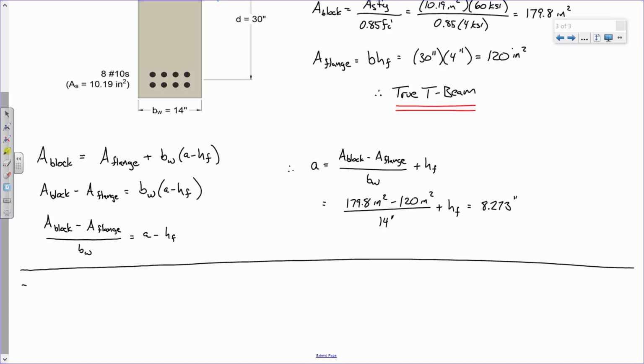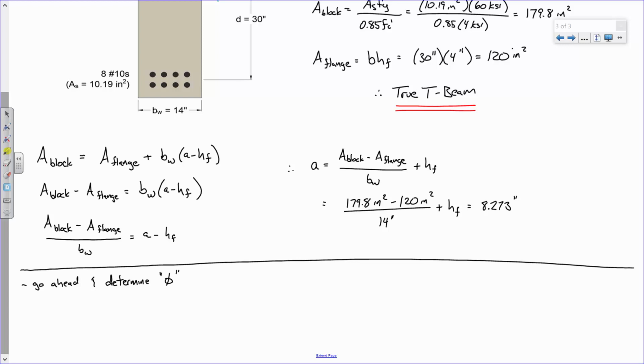There's nothing stopping me. The reason I want to do that now is because there's no difference in this computation between what we did before and what we're doing now. Once you have the A value, it's exactly the same as before.